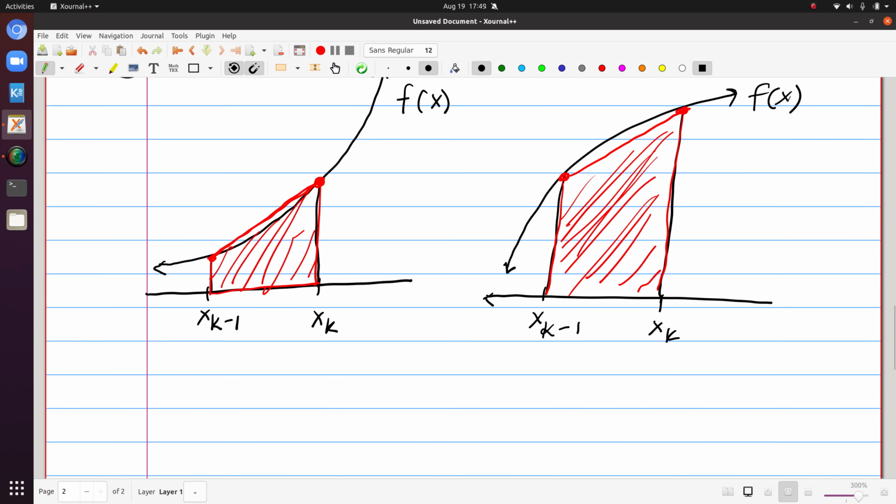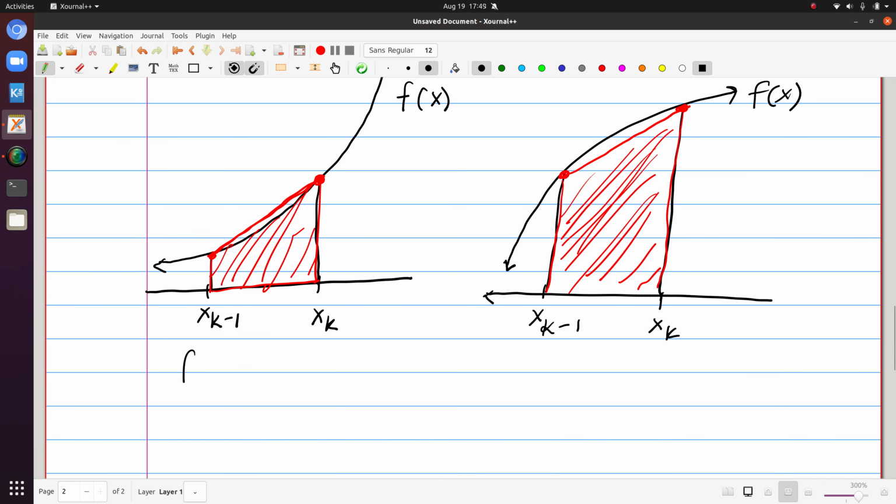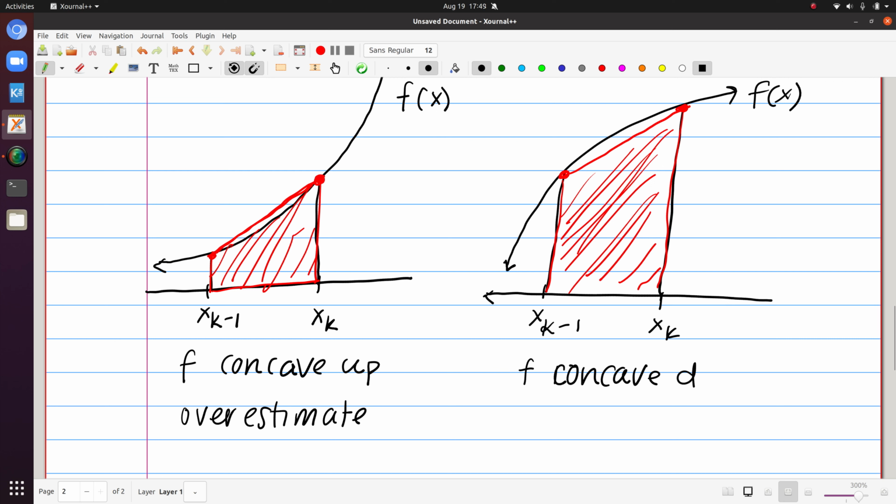So what we see here is f is concave up, and this illustrates that the trapezoid rule is an overestimate. Again, there's more area under that trapezoid than under that curve. Here we see f is concave down, and we've illustrated that we get an underestimate when we find the area under the trapezoid.